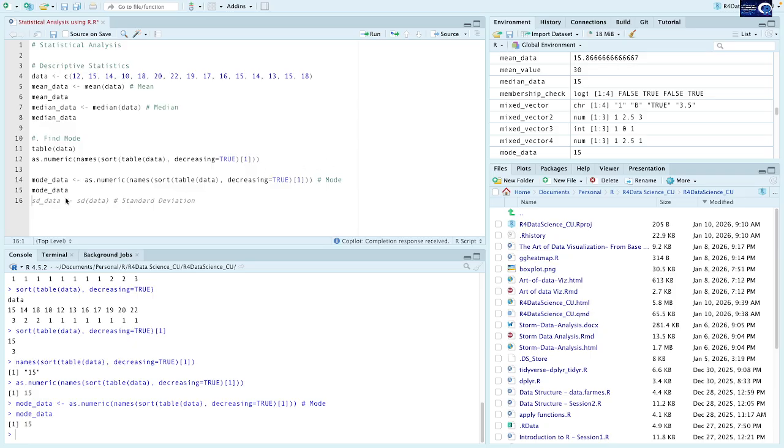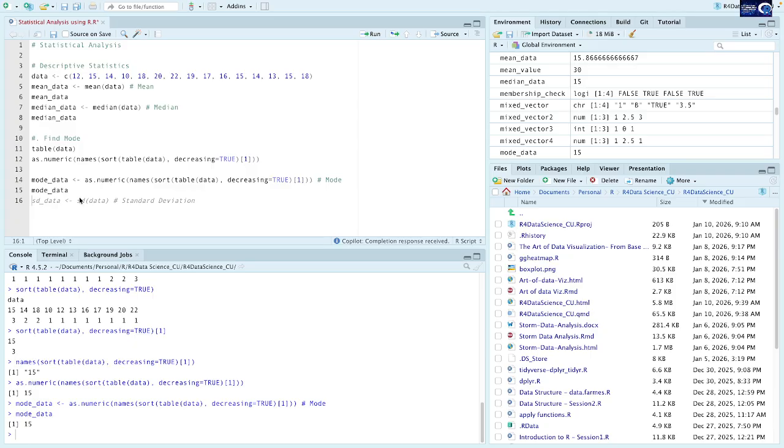The first is the ambiguity of statistical mode. Mean and median result in a single clearly defined value, but mode doesn't give that kind of value. It might have multiple values, or sometimes it fails. That is why mode doesn't have a separate function.